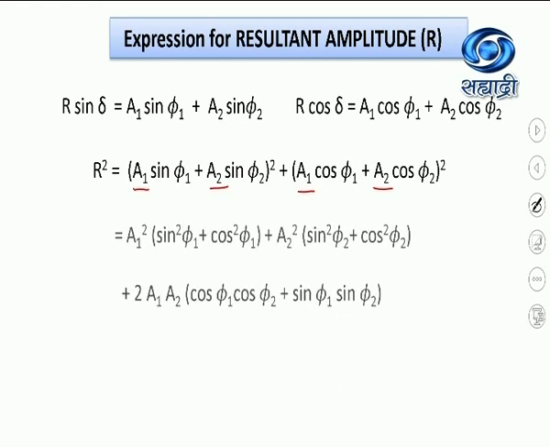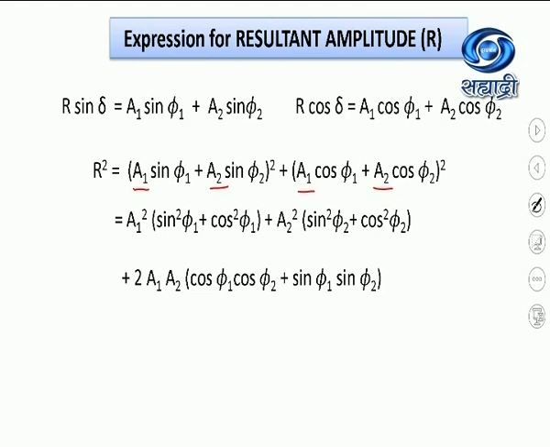After doing so, we have A1 square in bracket sin square phi 1 plus cos square phi 1. This cos square phi 1 we have taken from the second bracket. So A1 square is taken common and the two terms are added.